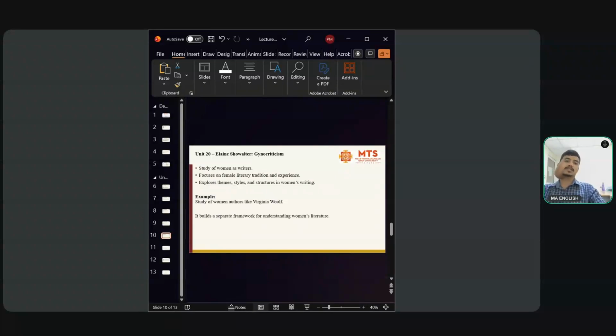Instead of looking at how women are portrayed in literature written by men, it focuses specifically on women as writers. So it asks, what happens when we take women's own writing seriously and study it on its own terms?